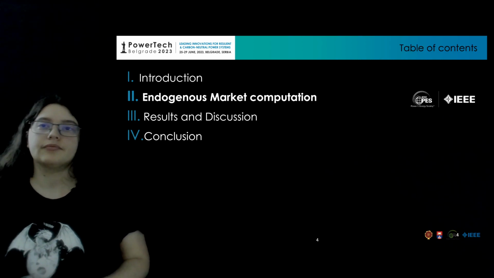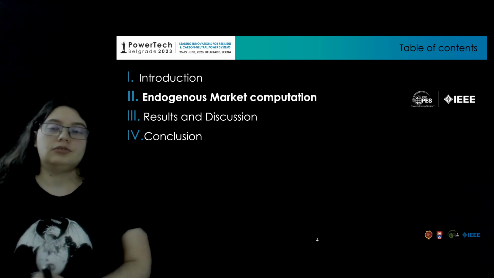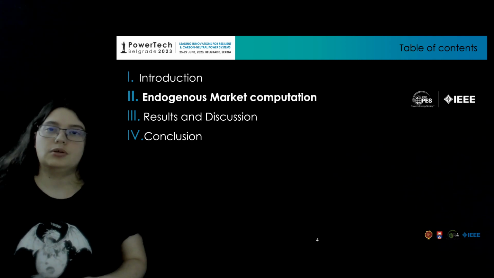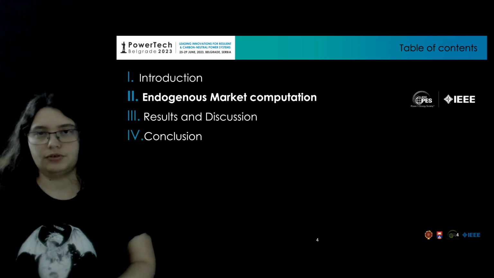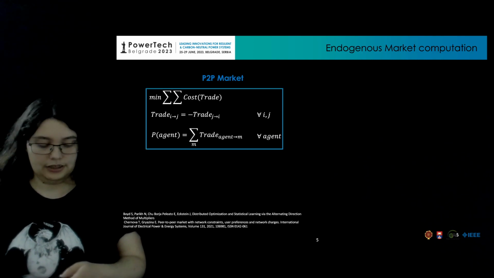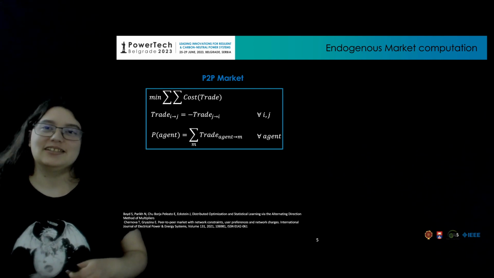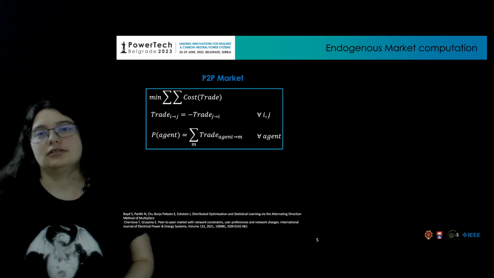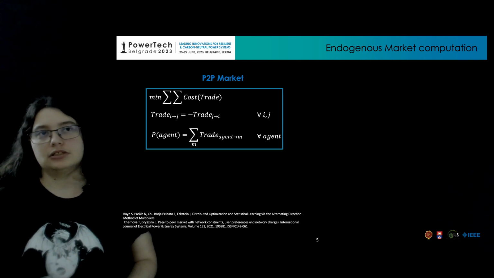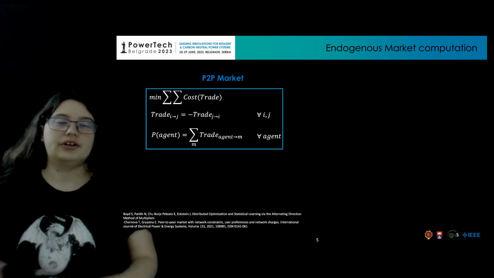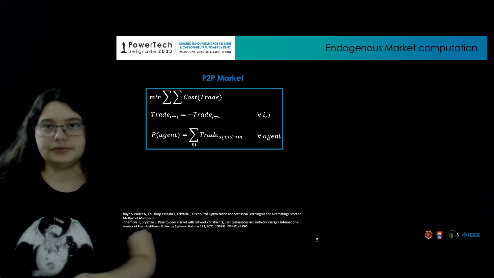So now I will talk about what endogenous market computation is, and I will show you some results and discussion before concluding. Here is the peer-to-peer market. As I said before, we try to minimize the cost of each trade, and the power of each agent is the sum of their trades with all their peers.